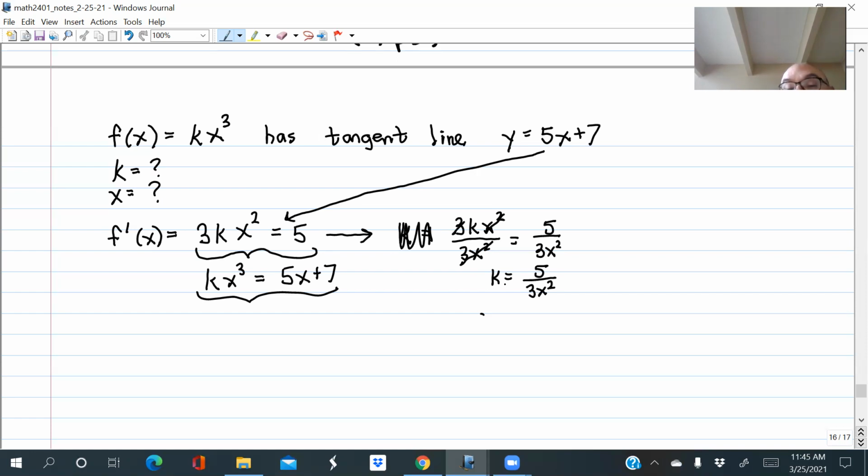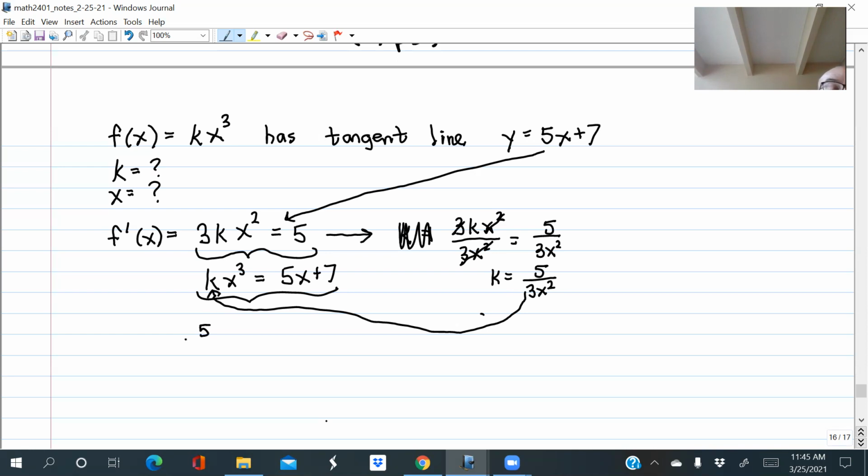Now, the reason that's helpful is you can take the 5 divided by 3x squared and plug that into the second equation where you have k. So where you have k, you can now use 5 over 3x squared, because that's what k is equal to according to the first equation.